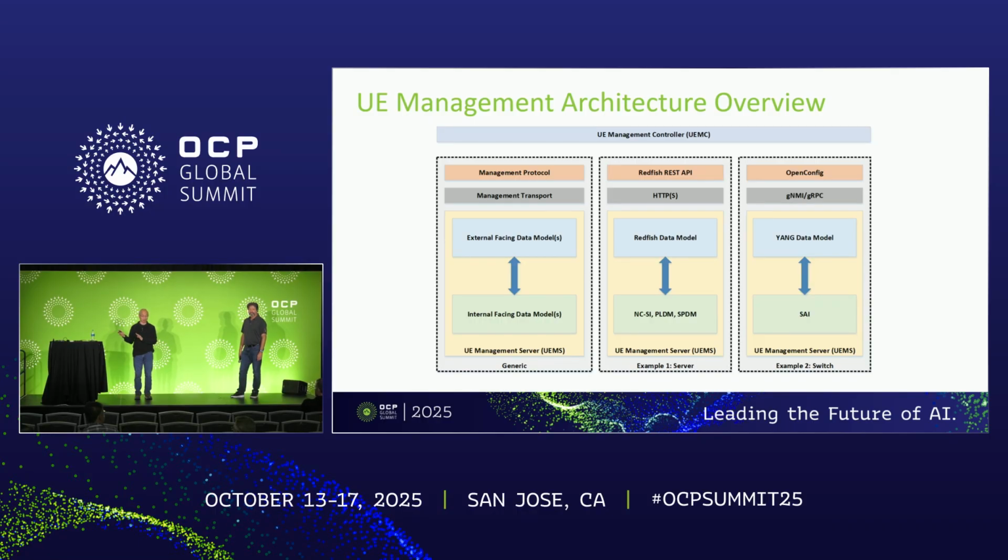On the switch side, their onboard platform has a SAI layer, which is used to manage the platform, and their data model is a YANG model. So we have this generic model on the left-hand side and how it is expressed either on a server or on a switch.